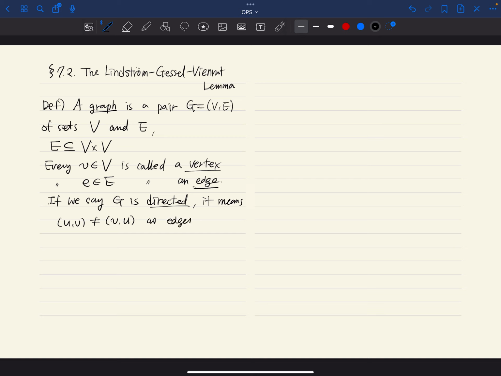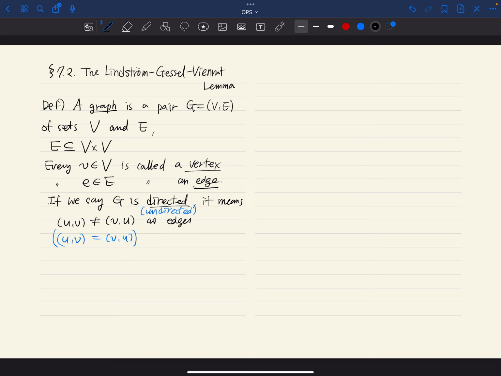And if we say undirected, then it means we treat these two edges the same. So a directed graph is a graph where these two are different.